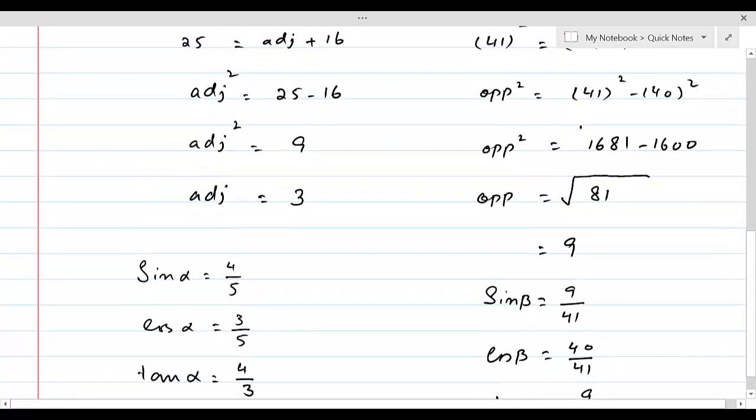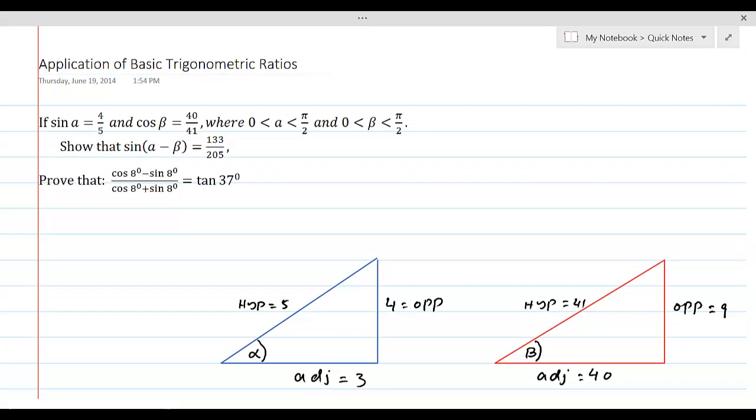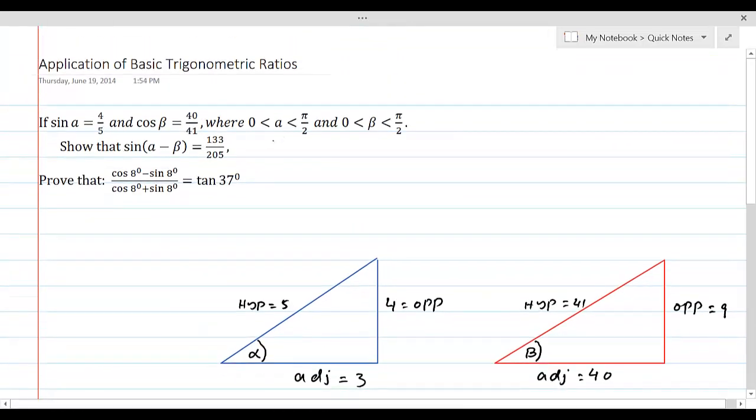Now, a very important point that you might overlook if you don't pay attention to it: which quadrant is the angle alpha in? Here in this statement, it's given that alpha is between 0 and pi by 2, which means that the angle alpha is in the first quadrant, and beta is given in the first quadrant as well.